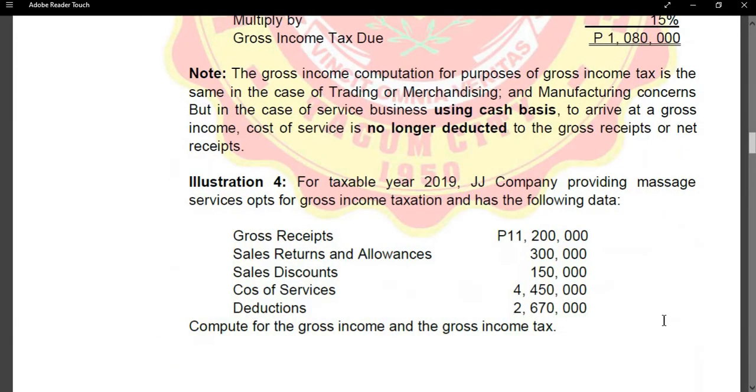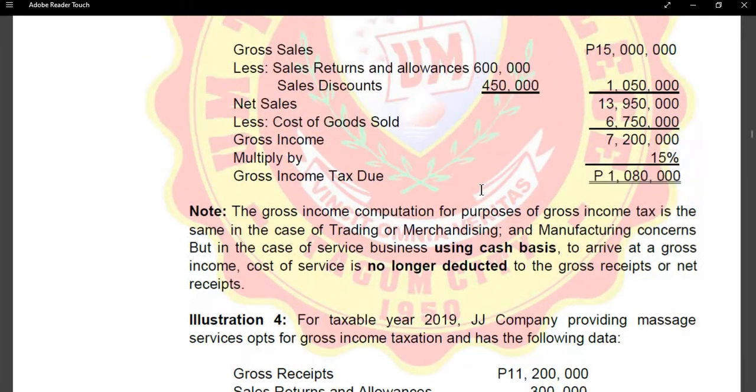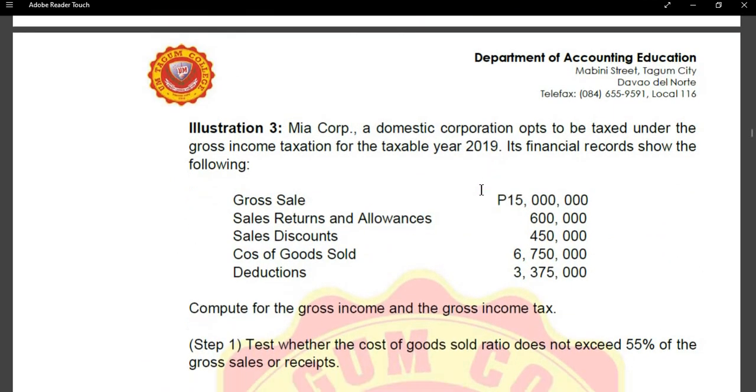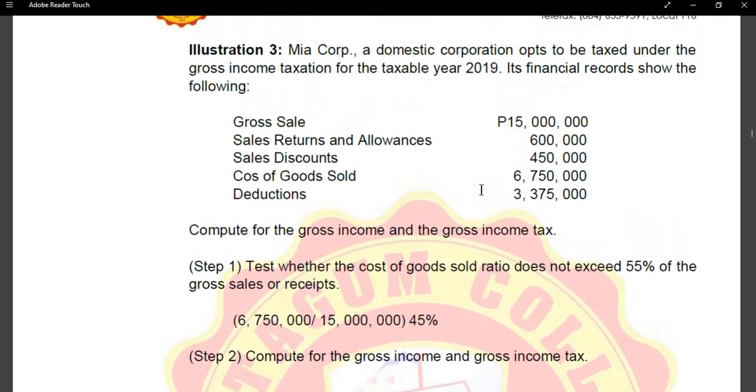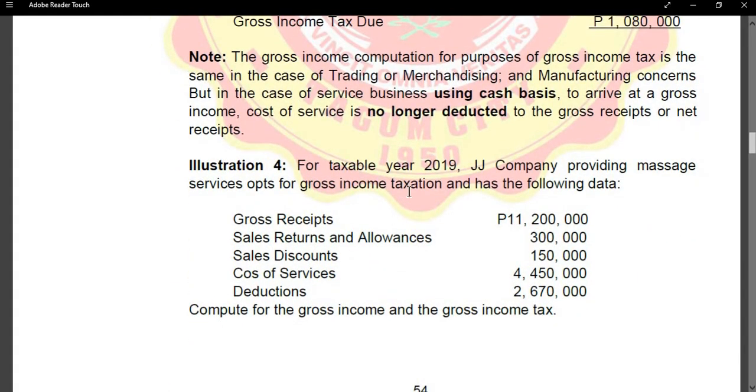income tax. Next illustration. For taxable year 2019, JJ Company providing massage service opts for gross income taxation and has the following data. So, illustration number 4 differs from illustration number 3 in such a way that illustration number 3, which is Mia Corporation, is selling goods, while under illustration number 4, JJ Company is providing service.